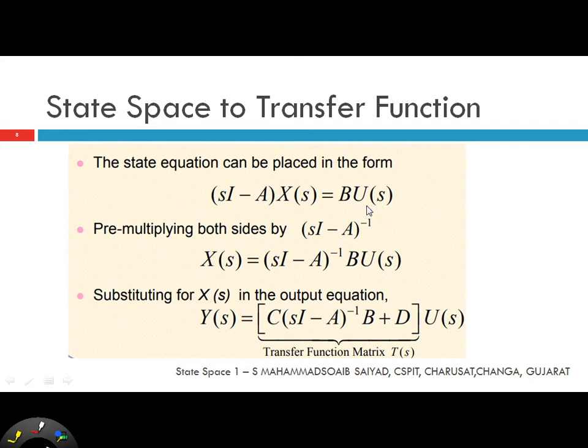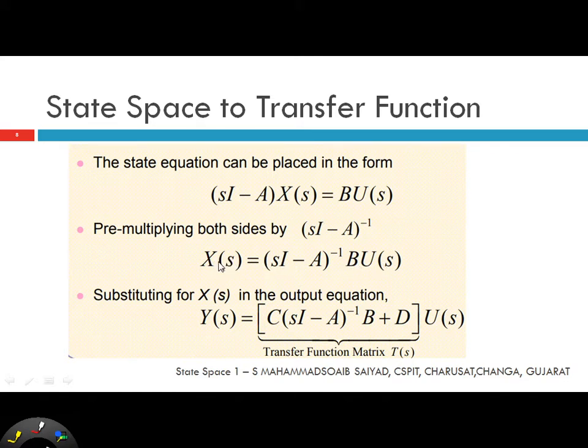Our main definition of transfer function is the ratio of the Laplace transformation of output to the Laplace transformation of input. So we have to put the value of X(s) into our main equation. Multiplying both sides by (sI minus A) inverse, the (sI minus A) inverse cancels out, so we get X(s) is equal to (sI minus A) inverse B into U(s).